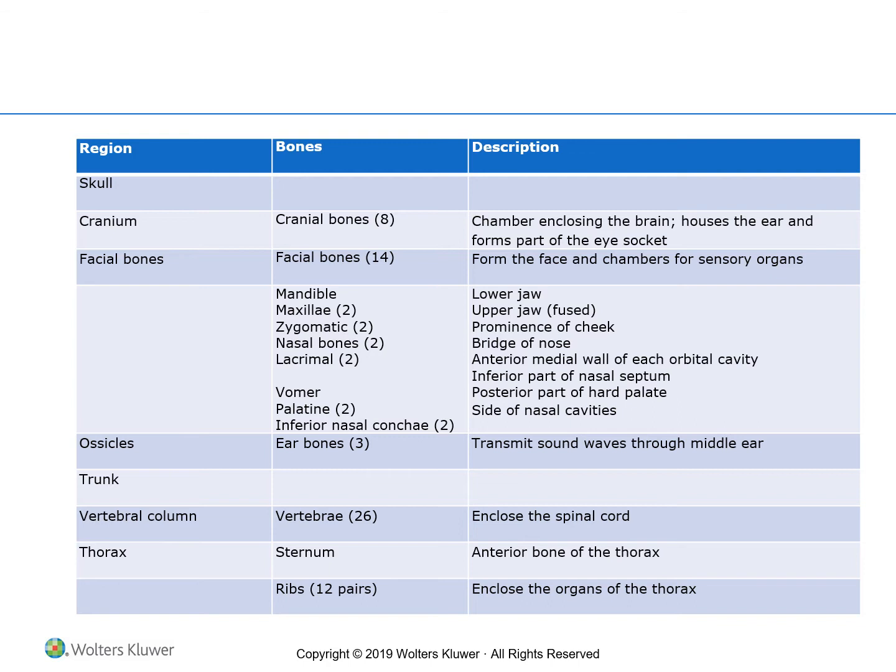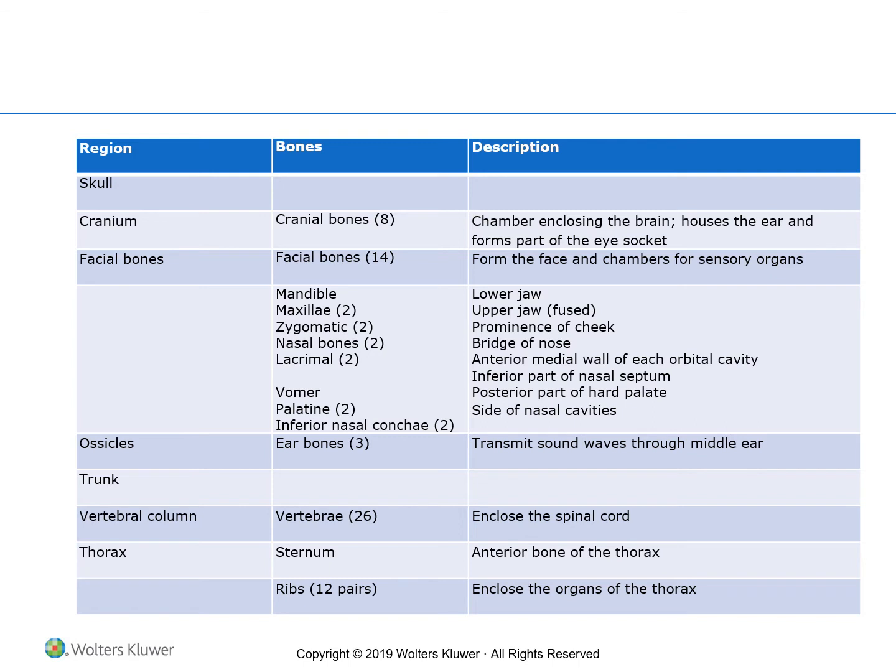So we'll describe a little bit the bones, each of them. At the level of the cranium, we have 8 cranial bones, and they fit together in order to form a cavity that will enclose the brain, will be the house for the ear, and will form part of the eye socket. And I say only part of the eye socket because another part of it is made out of the facial bones.